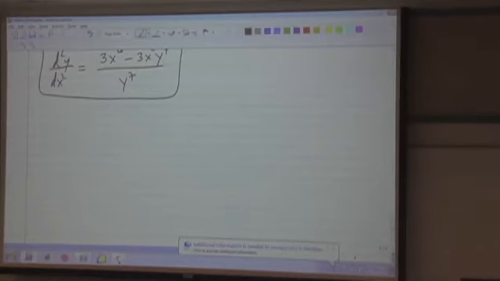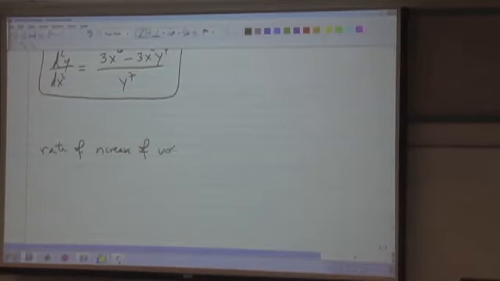Rate of increase of volume is 100 centimeters cubed per second. Would you know how to say that in mathematical terms? Because obviously that's a bunch of words. dV over dt is equal to 100 centimeters cubed per second.